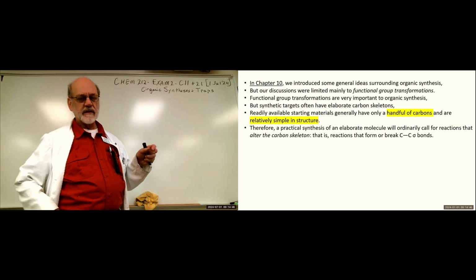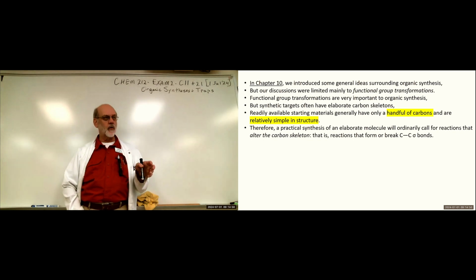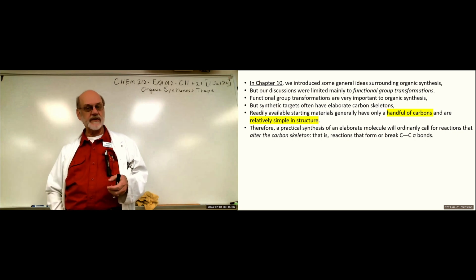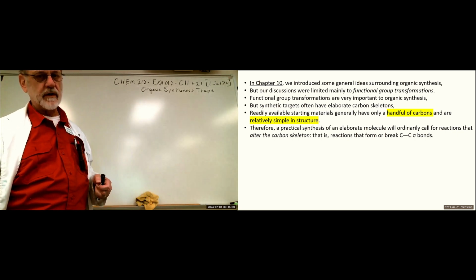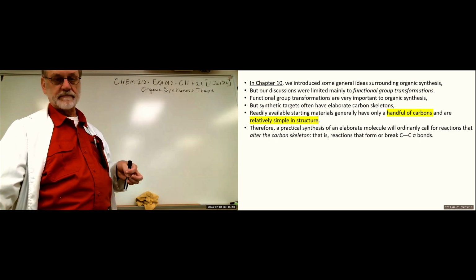And that means reactions that form and break sigma bonds. That makes sense, because if you break a pi bond or form a pi bond, you're not doing anything to the skeleton. It has to be a sigma bond that's eventually broken or formed to modify the carbon skeleton.